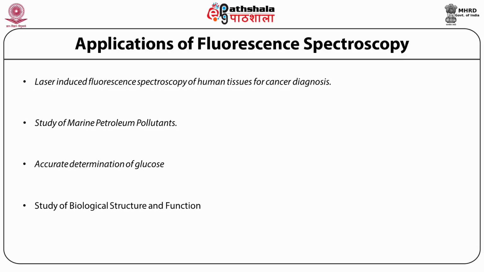Here, the fluorescence spectrum is highly sensitive to the biochemical environment of the fluorophore, and fluorophores have been designed such that their spectra change as a function of the concentration of metabolites such as pH and calcium.